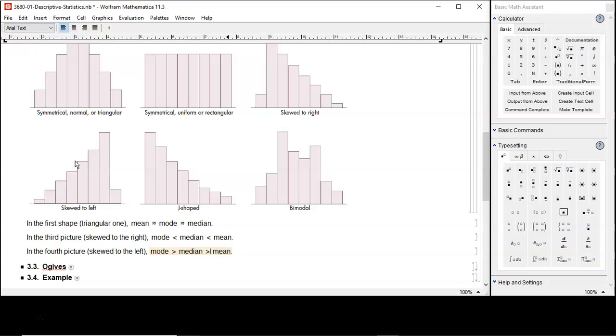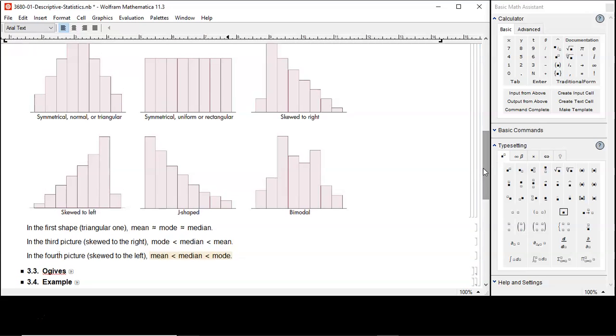Or let me write like this. This is skewed to the left, so like this. Let's write like this. So that mean comes to the left. So that's typical of skew to the right versus skew to the left.